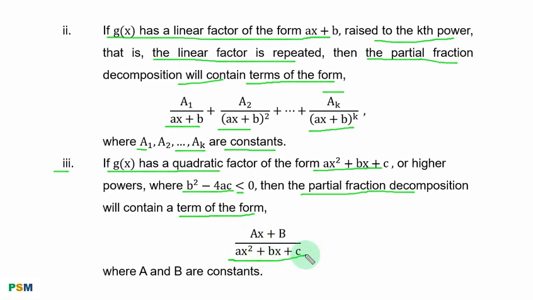So when the factor is quadratic, you have to assign a linear factor that has two coefficients in the numerator, as in as plus b, where a and b are constants.